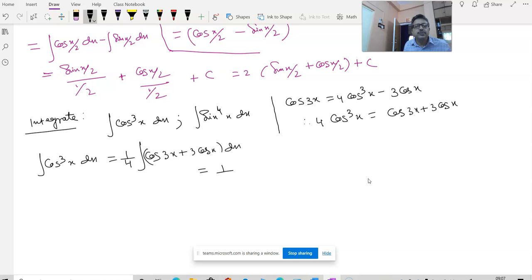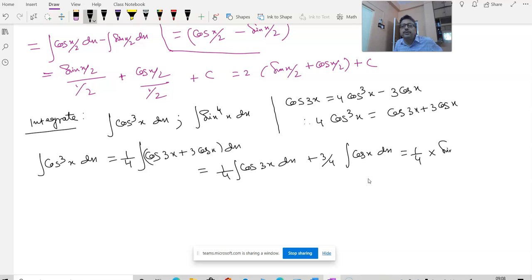So this thing changed to 1/4 cos 3x plus 3/4 cos x dx. There will be 1/4 into sin 3x by 3 plus 3/4 into sin x plus c.